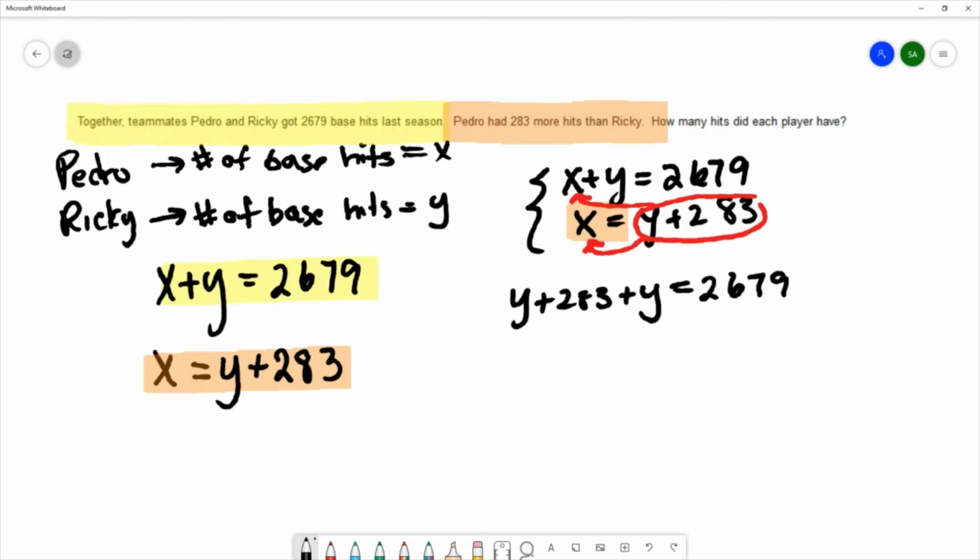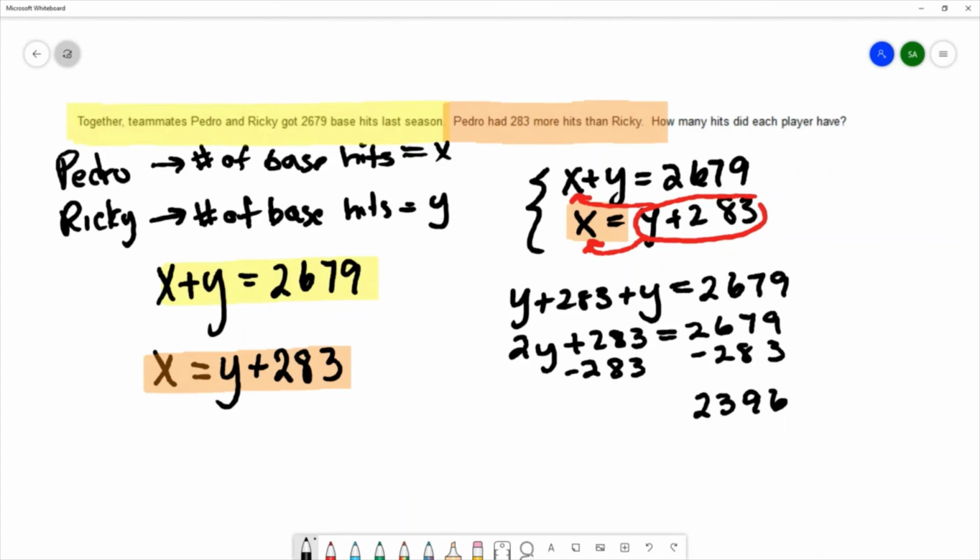Now I have an equation that only has one variable in it, and I'll be able to solve for that variable. I'll combine like terms, that's 2y plus 283 equals 2,679. I'll subtract 283 on both sides. So let's see, we need to do 2,679 minus 283, and that gives me 2,396.